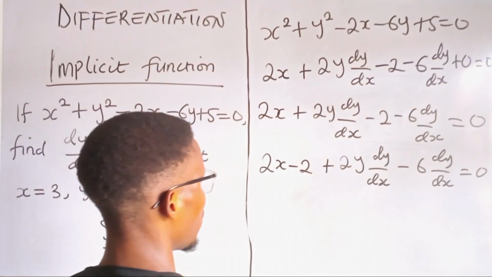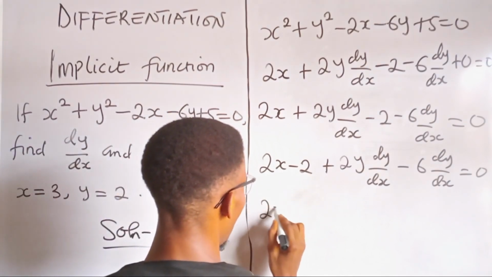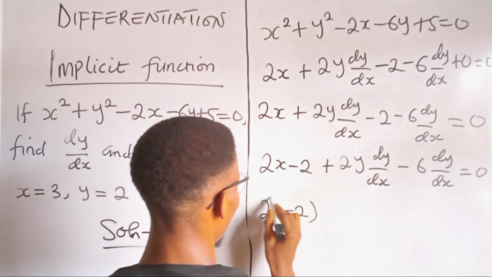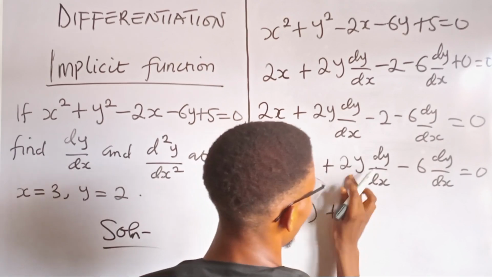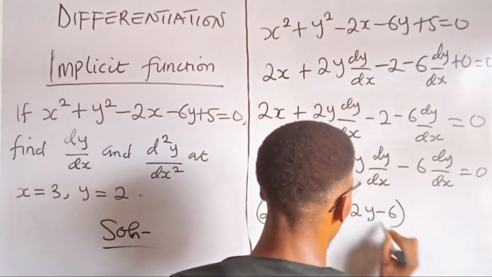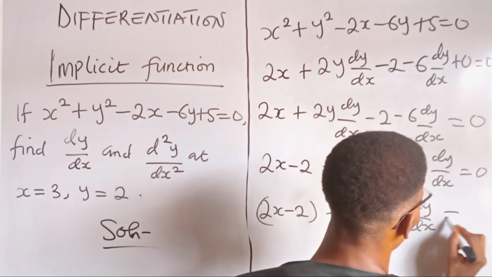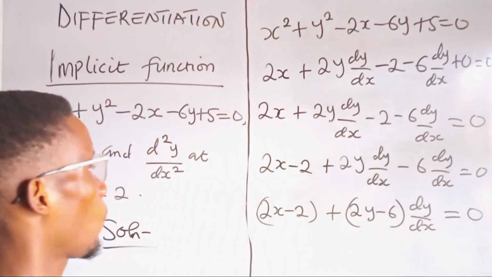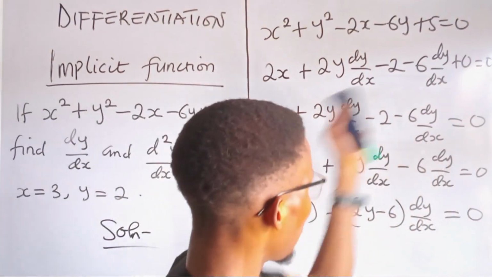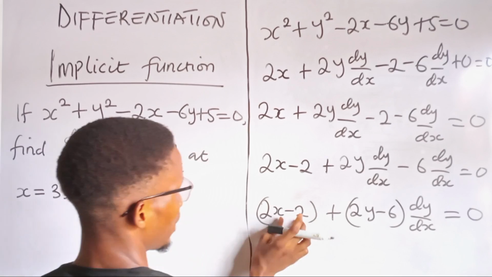That implies 2x minus 2, plus 2y minus 6 times dy over dx, equals 0. Now take the 2x minus 2 to the other side of the equation, and when it crosses, the signs change.